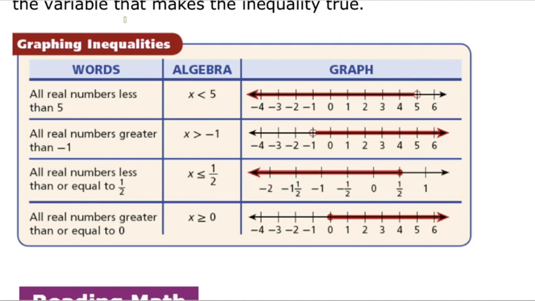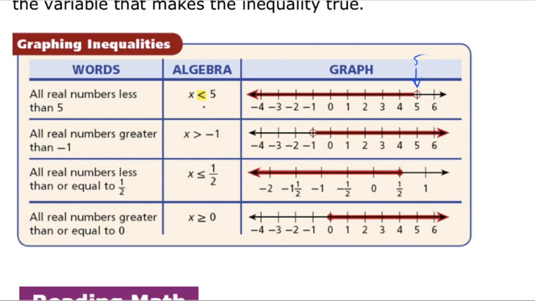Here we have x is less than 5. Over here I have my 5, and I have an open circle here. The open circle is denoting that it's not going to equal this 5. This is almost like a boundary, a force field around this 5. You can get really close to it, but you can't actually be 5. That's why it's an open circle.